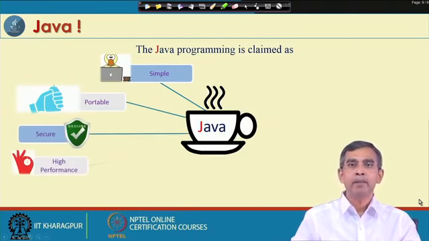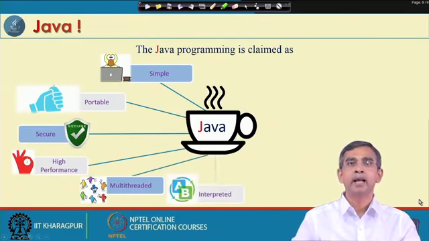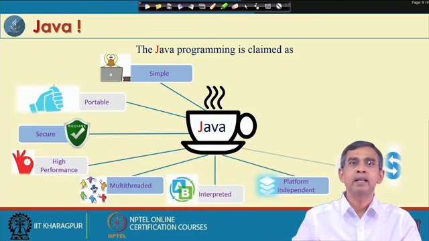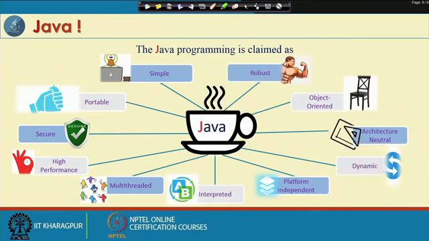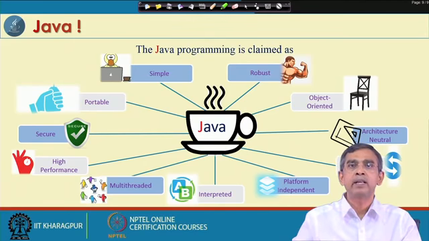Now, the developers in fact claim that Java programming is very simple, it is portable, that means you can use it in any environment, and it is very secure and high performance, multi-threaded, interpreted, platform independent, dynamic, architecturally neutral, object oriented, and finally, robust.